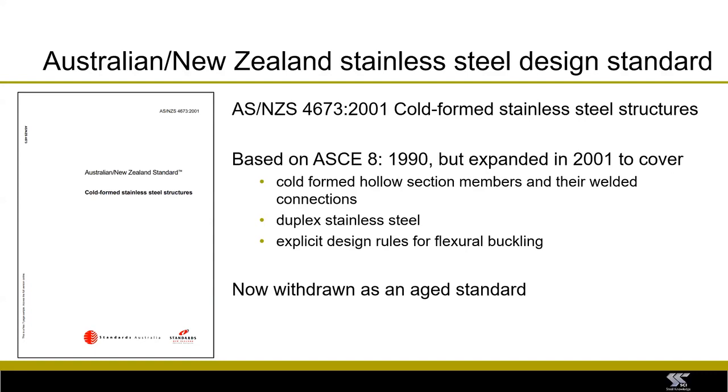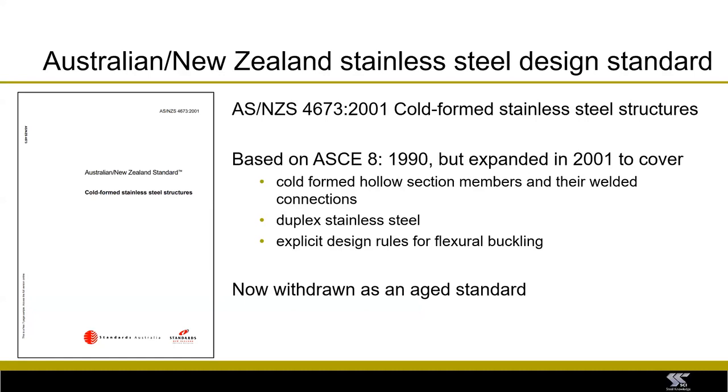But in AS/NZS 4673, they expanded the scope in 2001 and they covered duplex stainless steels. They covered some useful explicit design rules for flexural buckling and also some rules for cold-formed hollow section members and their welded connections.